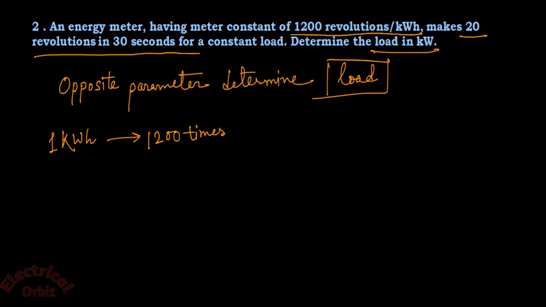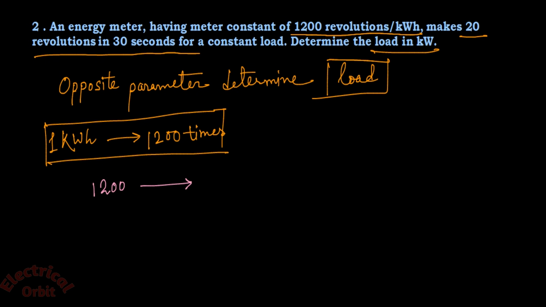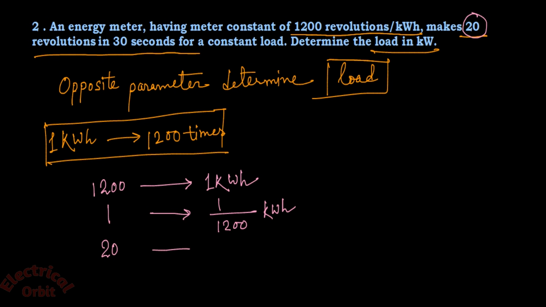Now it is rotating 20 revolutions in 30 seconds. So 1 revolution is 1 by 1200 kilowatt hour energy measurement, and according to the question, 20 revolutions are required for this much energy measurement.